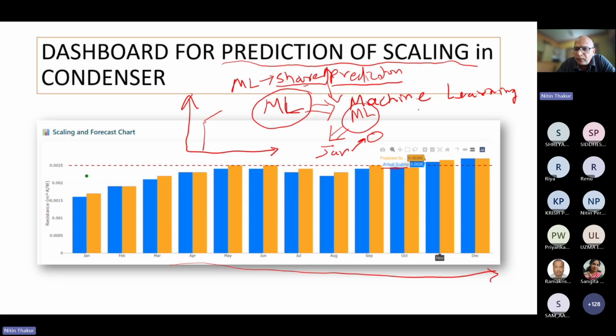So what it did was, based on past year data. Let's say I'm traveling in January, on 26 Jan, and I booked my ticket and I got a wait list of 5. And this is 2026, this year. Last year, on the same day, 2025, when there was a wait list of 5 for this particular train, it was confirmed.